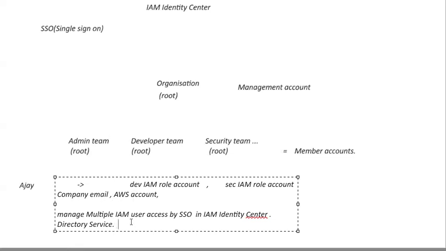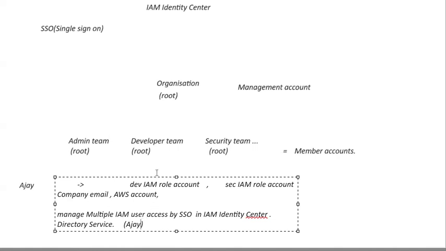After setting, this directory service will provide a username. Let's say it provided a username as Ajay. Now, to access AWS, since we already configured this directory service, Ajay can log in with the company email only. After login, what does he need?